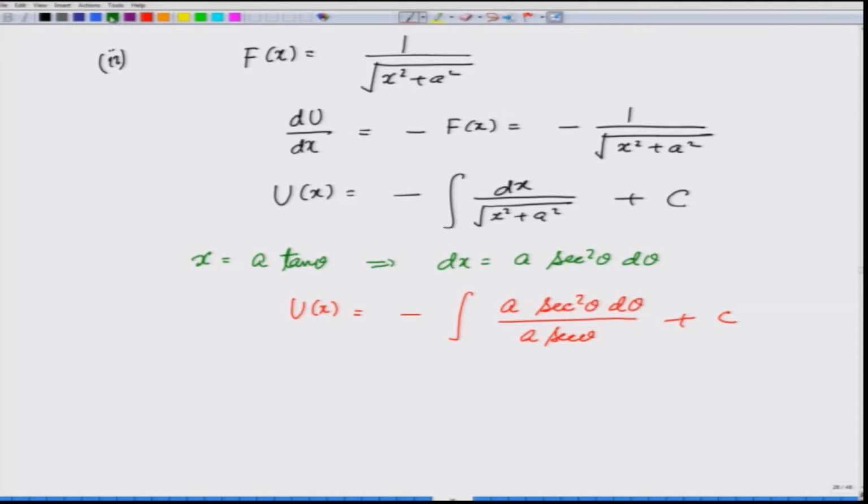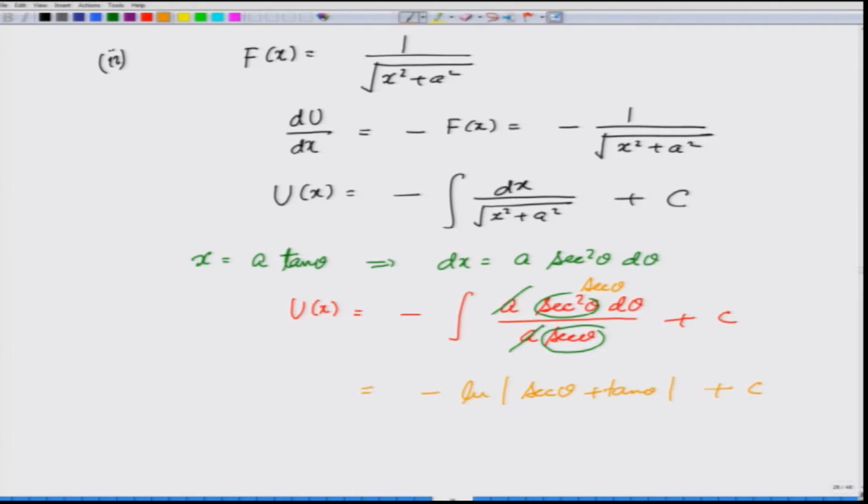To integrate this function, I take x equals a tangent of theta, which gives me dx equals a secant square theta d theta, and therefore, I get Ux is equal to minus integral a secant square theta d theta divided by a secant theta plus some constant. This a cancels, secant theta cancels one of the secant theta, and I am left with only secant theta, and the integral of secant theta d theta is equal to minus log of modulus secant theta plus tangent theta plus the constant c.